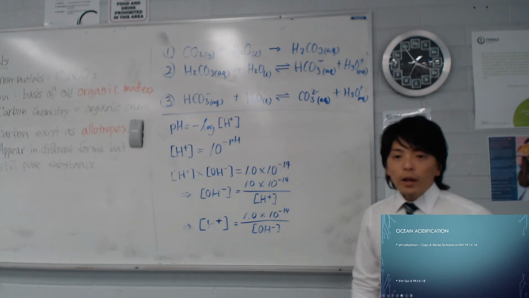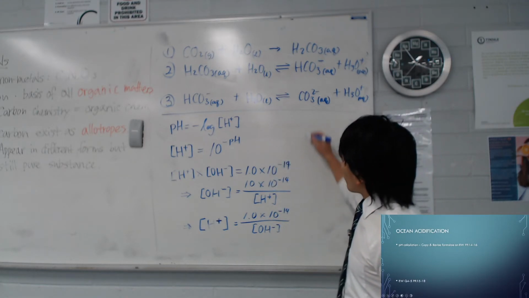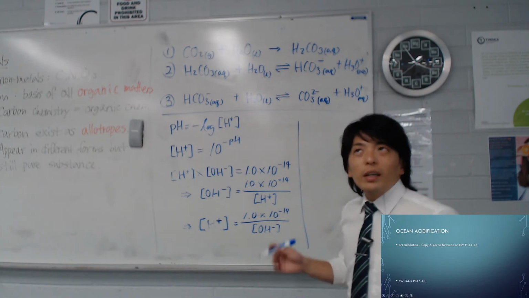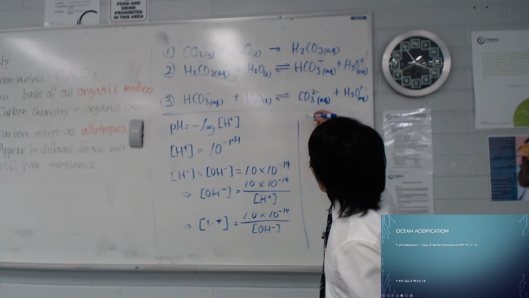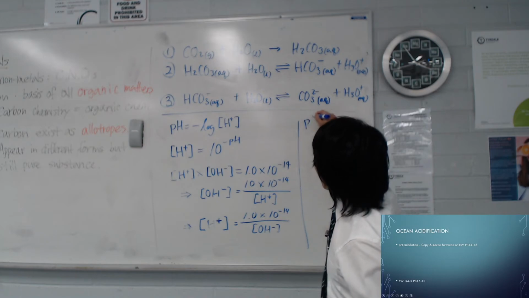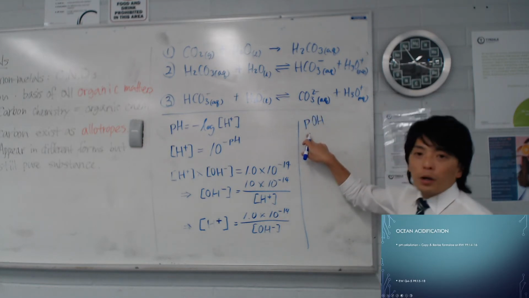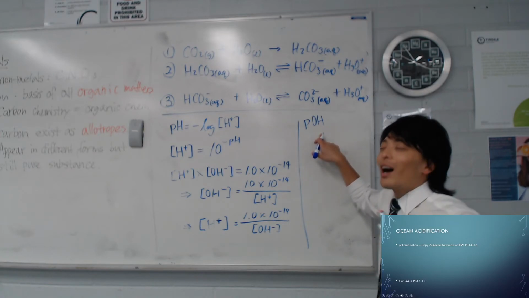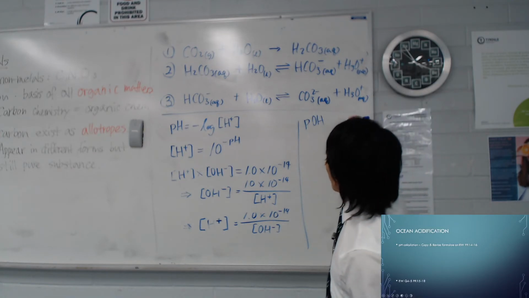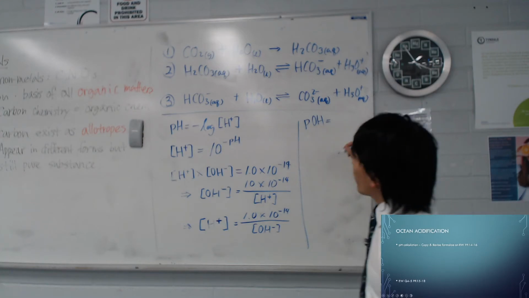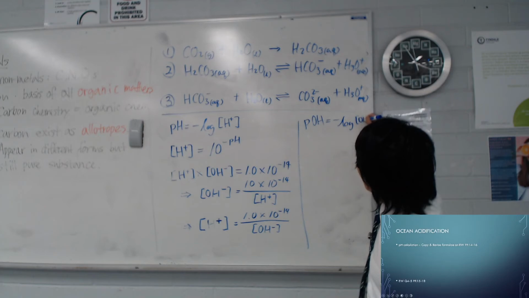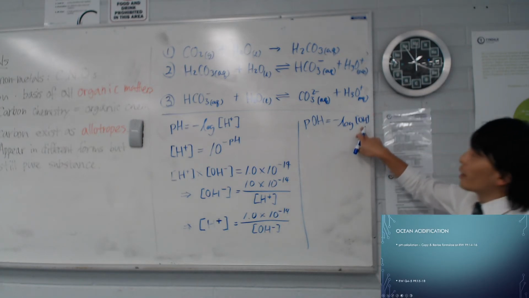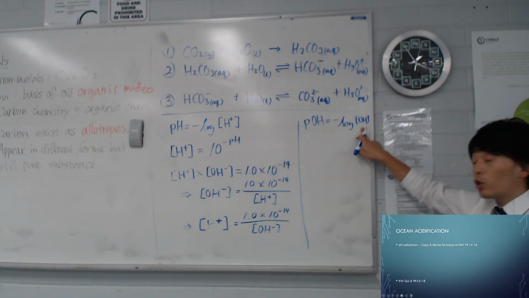Okay. There's also something else which is not really what you need to know, but there's what's called pOH. It's the power of hydroxide ion, which can be found, if you guessed, by negative log, same thing, but of the concentration of hydroxide ion.